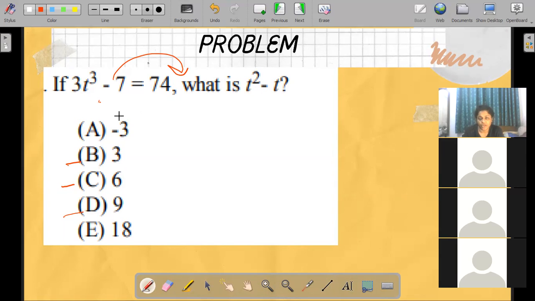This is one way you can do it, that I did the entire calculation mentally. If you think that's a little difficult, take the 7 this side, you have got 3t cube is equal to 81. Do the plug-in values. Take the value and plug it here and see which one is actually working. Which one will actually give you this.